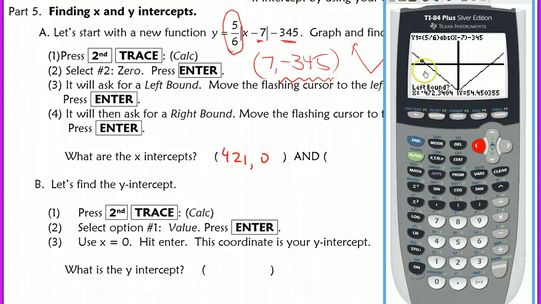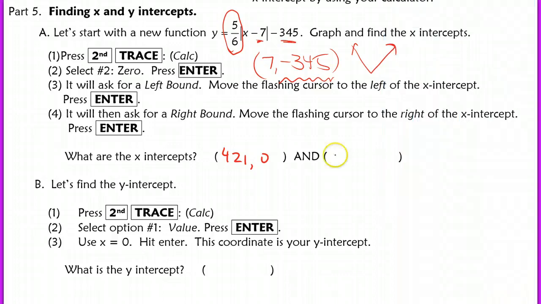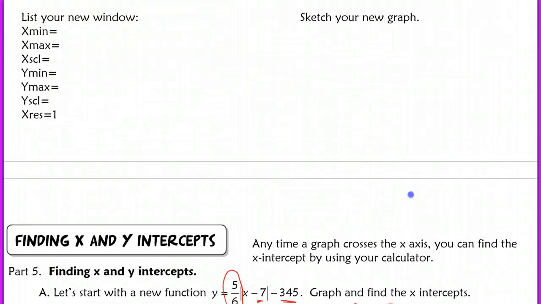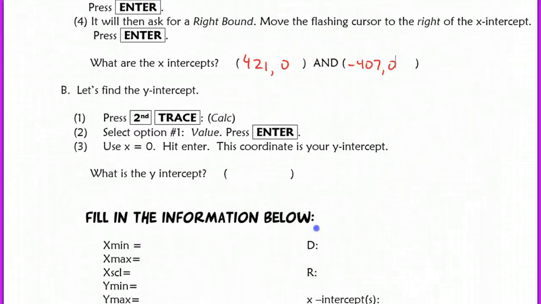So I want to be to the left of that point, hit enter. Scroll down, go to the right side of that zero, hit enter. And guess, hit enter again, and I get negative 407. So those are my two x-intercepts.